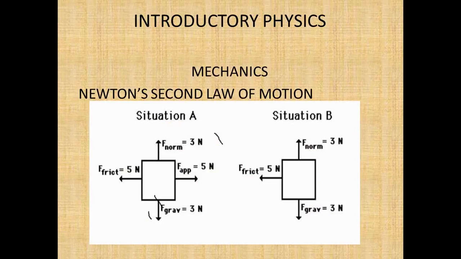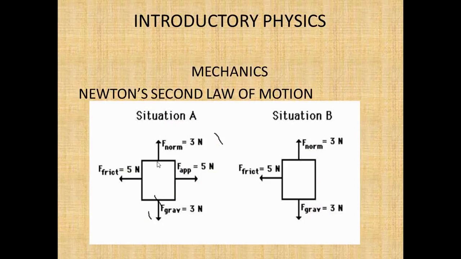All right, so let's do a little exercise in looking at net forces, because before you can do any analysis of motion, you have to look at your free body diagram and calculate your net force. So look at situation A, this is a free body diagram. Gravitational force is pulling on this object, 3 newtons.